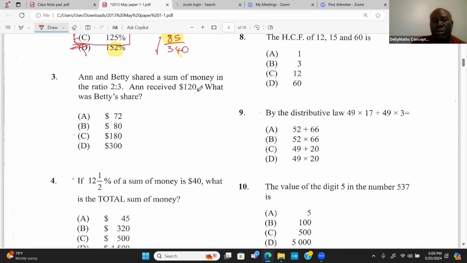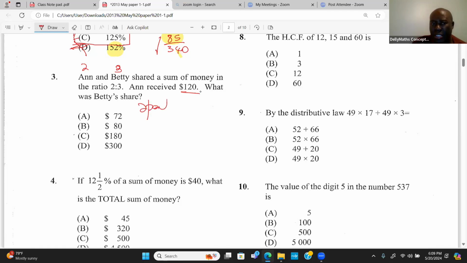Let's take a look at number 3. It says Anne and Betty shared a sum of money. This is the ratio, so this is Anne's and this is Betty's. Anne received $120. What was Betty's share? Anne got 2 parts, and there are many ways you can do this.